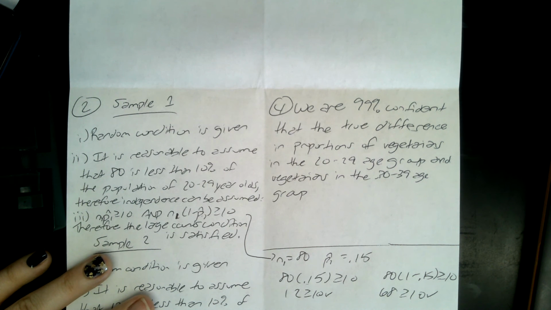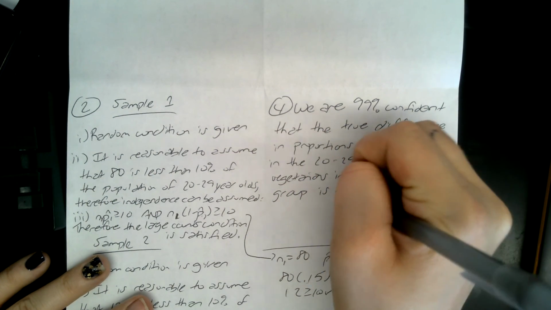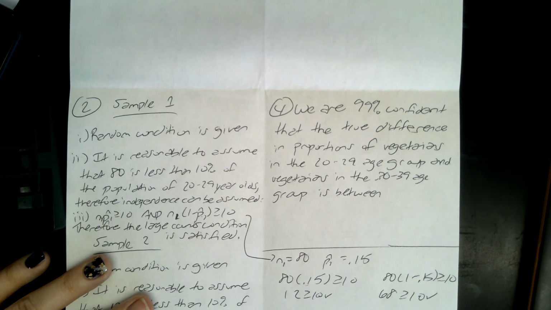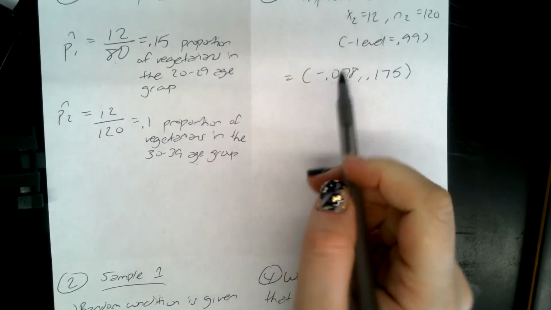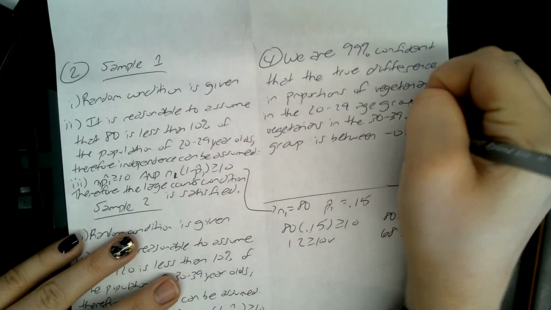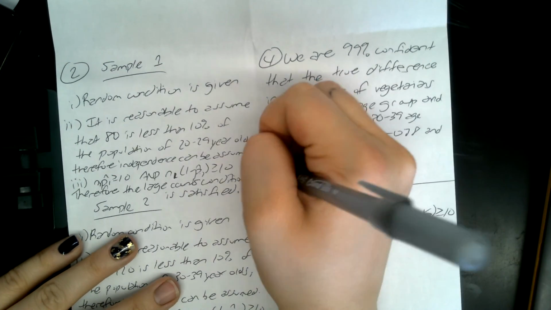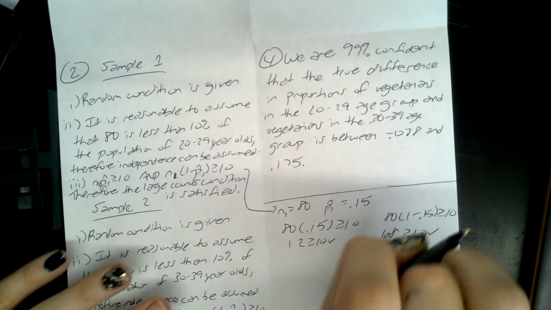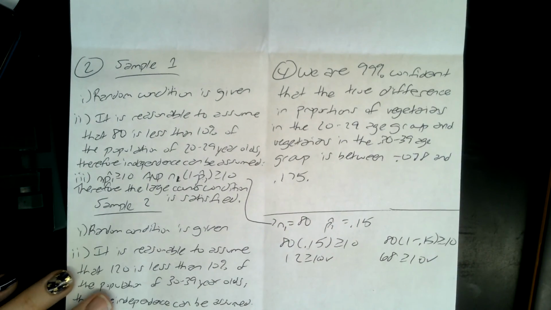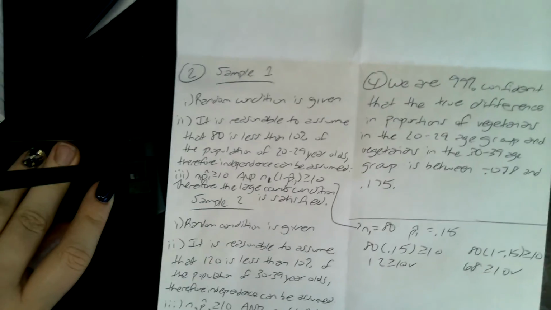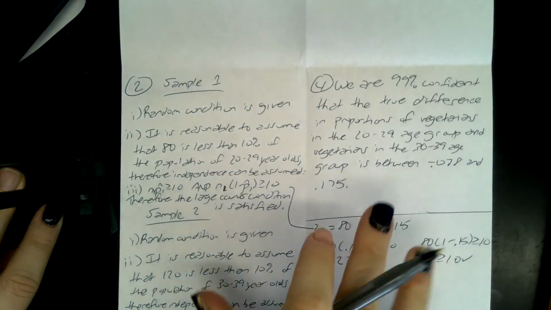We described that population, and then finally we're going to fill in those last 2 blanks, is between, with our confidence interval from the last part. So I'm going to go back up to box 3, steal those numbers from my confidence interval, negative 0.078 and 0.175. And that is all 4 parts for constructing a confidence interval for 2 proportions.